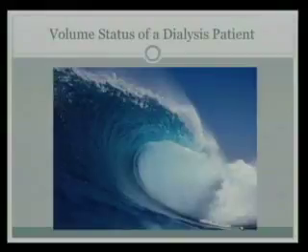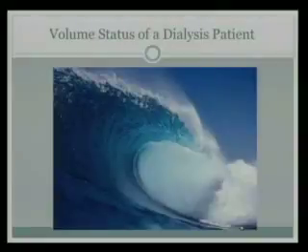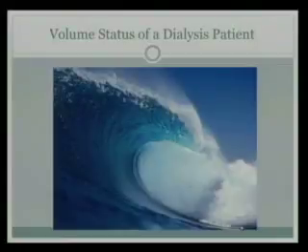So to think of a dialysis patient and their volume status, it's often best to think of a wave. The patient comes in with a certain amount of volume on. They're typically volume overloaded. As nephrologists, we set what's called the ultrafiltration volume. So we determine through our order and what we program into the machine exactly how much fluid we take off.